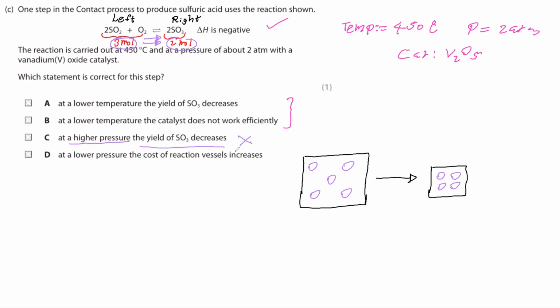At a lower pressure, the cost of the reaction vessel increases. You can think of it this way: let's assume that you are going to store a gas in a container. One way you can store a little bit of gas is in a balloon. But if you look at your homes, we have something called liquid petroleum gas, LP gas cylinders.